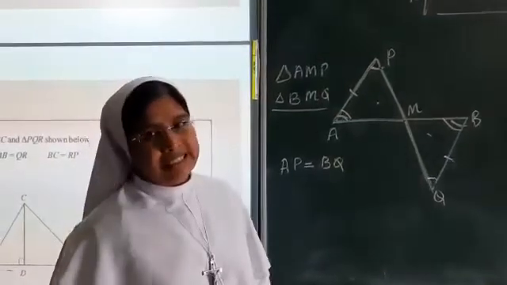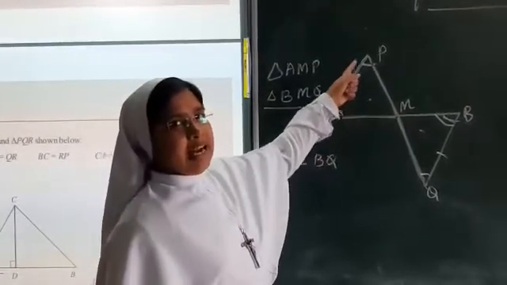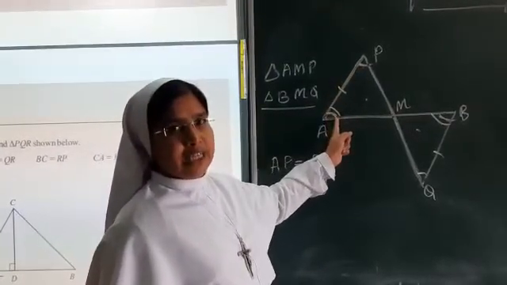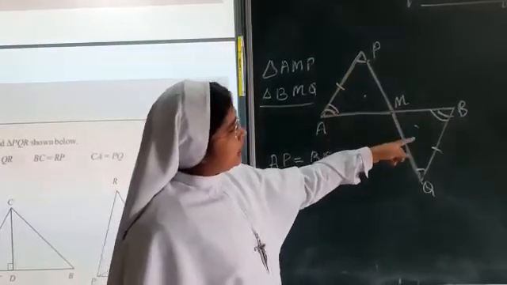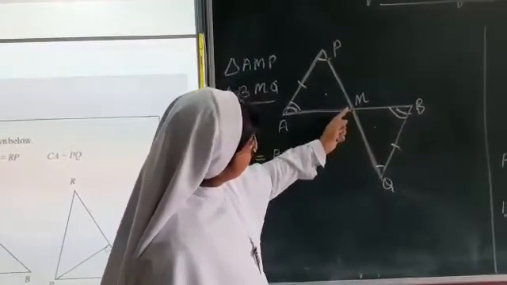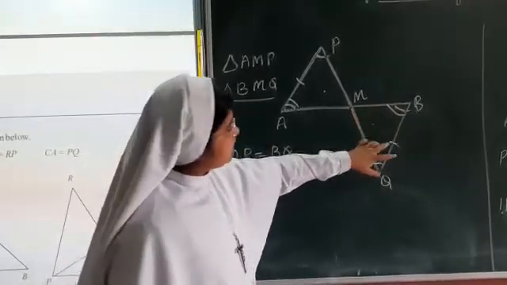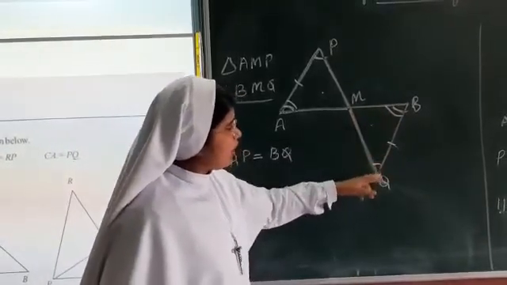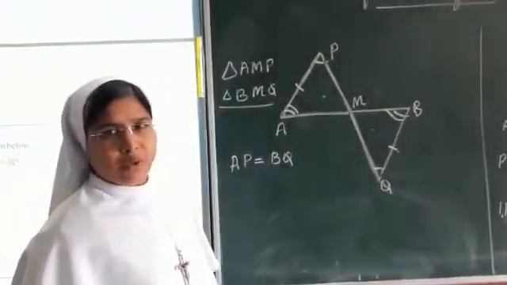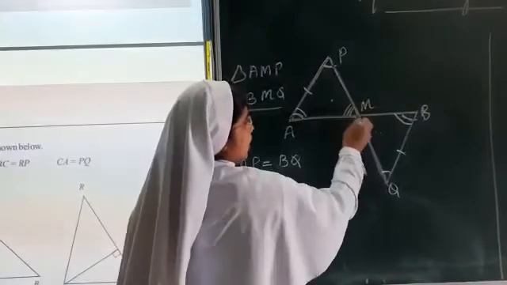Using the third general principle, we said if one side and the angles at its ends are equal to those of another triangle, you see here, triangle QBM. Here, this side and the two angles at its ends are equal. Then the third angle also will be equal. That is what we have said.